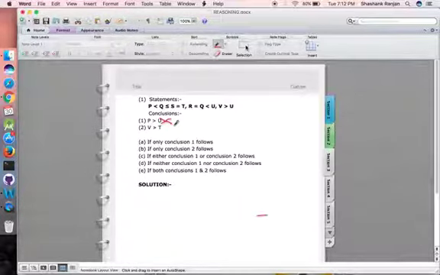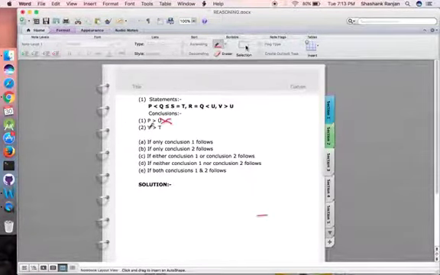Instead, we simply say that P is at the exit point and Q is at the entry point, and we cannot go from exit point to entry point, so we cannot go from P to Q. And we cannot go from Q to U, so we cannot go from P to U. So this will be wrong.